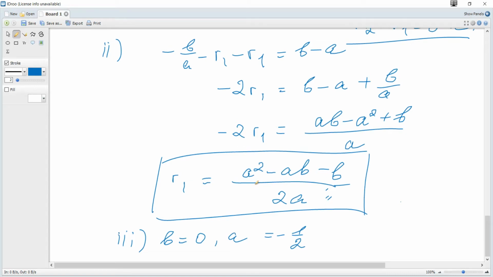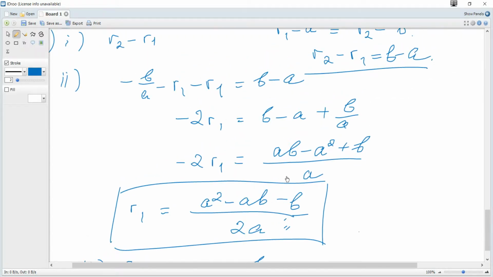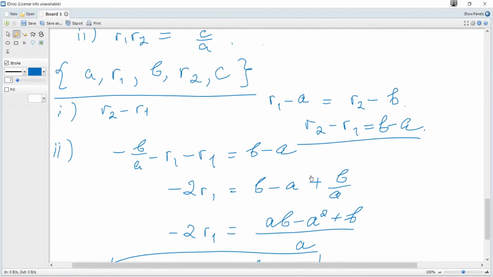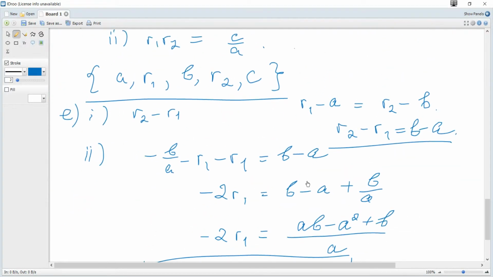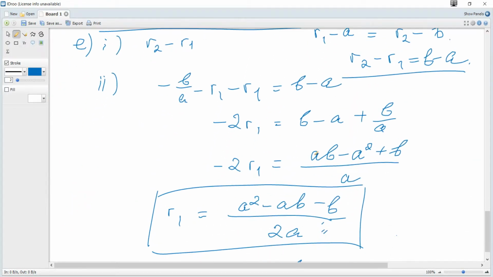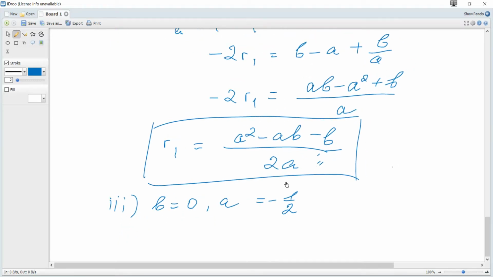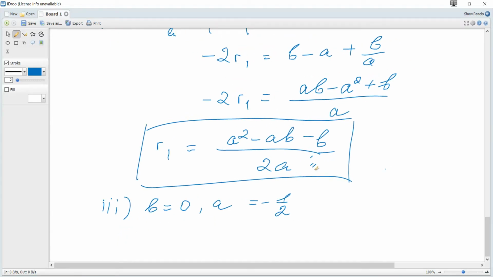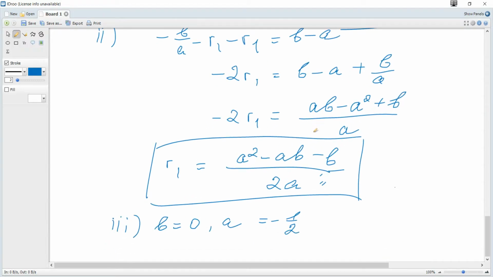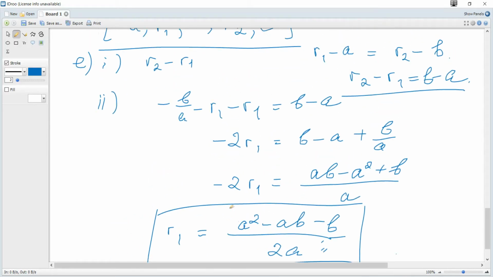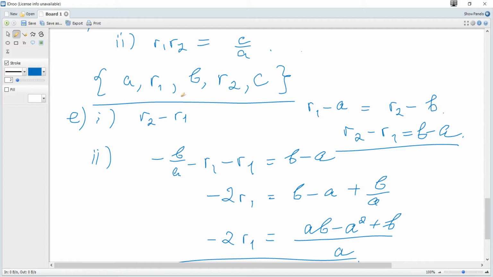So what can be used? So R1 is this, and we need another equation so that we can solve it. Let's consider this one.